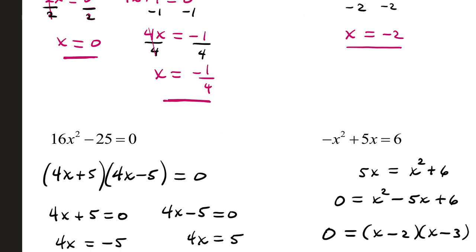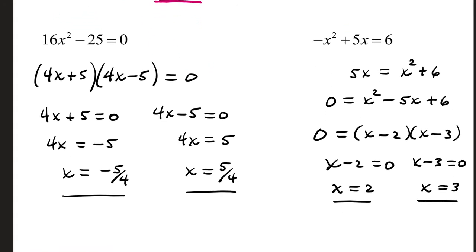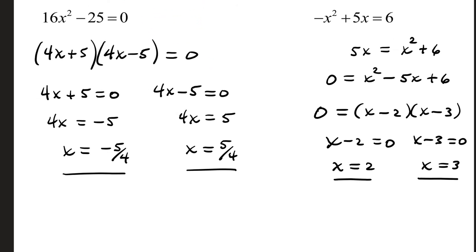In the example below, we have a binomial quadratic equation. Binomial meaning there's only two terms equal to 0. Both of these are perfect squares. Square root of 16x squared and you get 4x. Square root of 25 and you get 5.